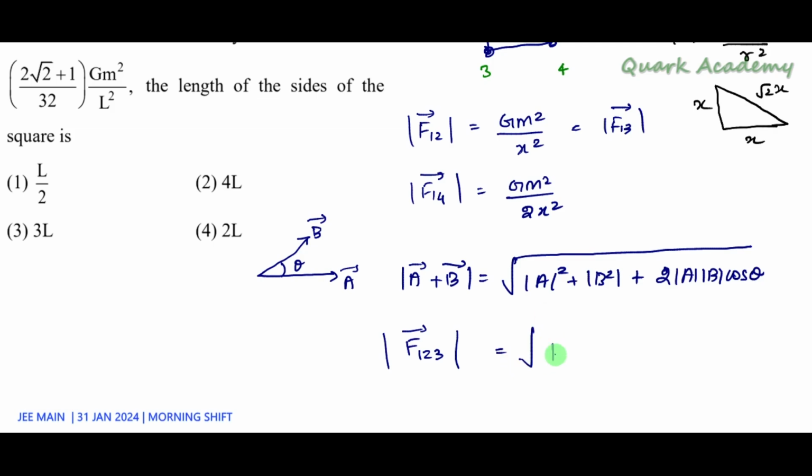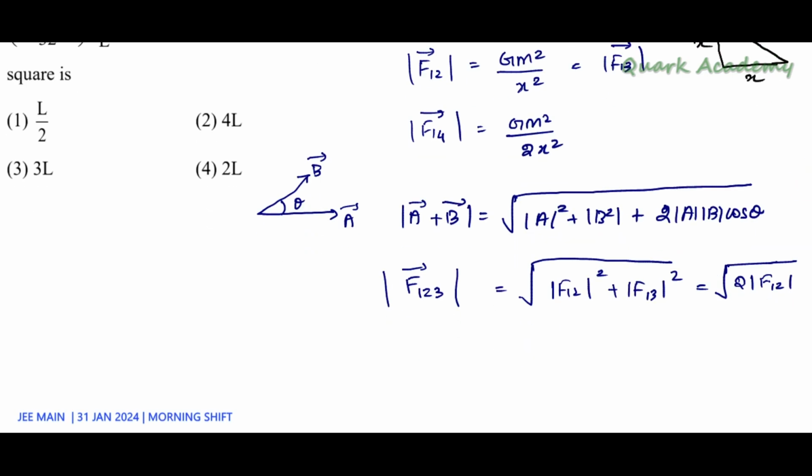This is going to be magnitude of F12 squared plus magnitude of F13 squared. Since both of them are the same, I can write twice of F12 squared, so this is going to be equal to root 2 times the magnitude of F12.